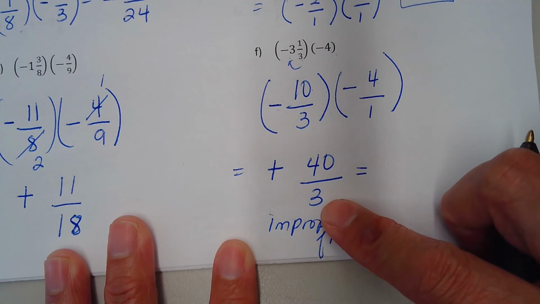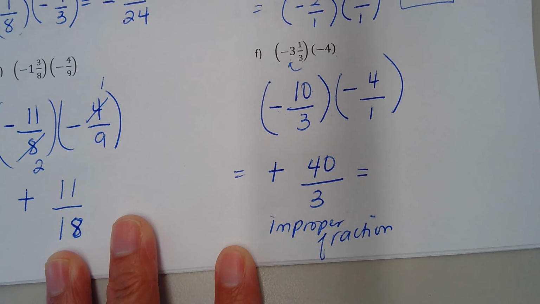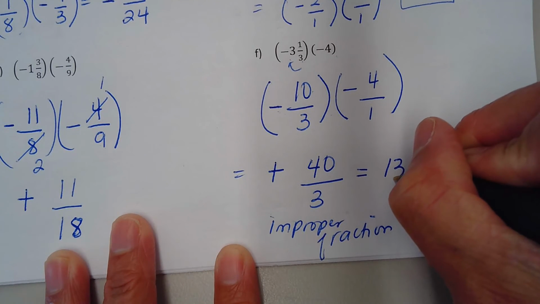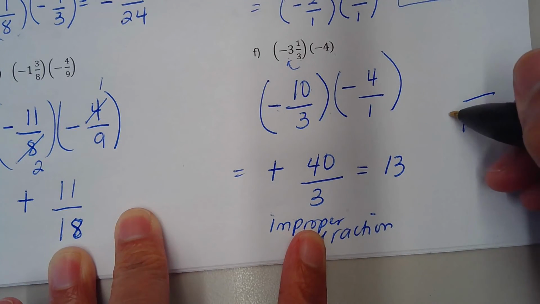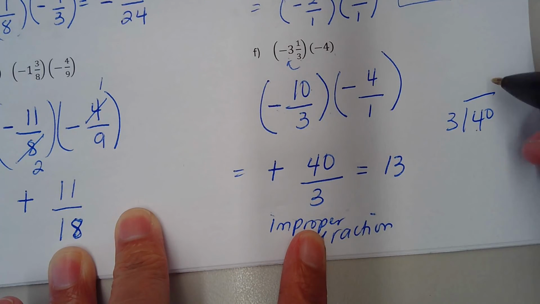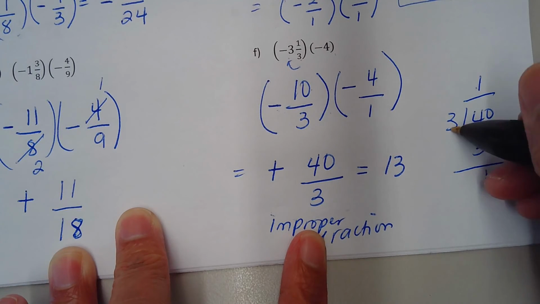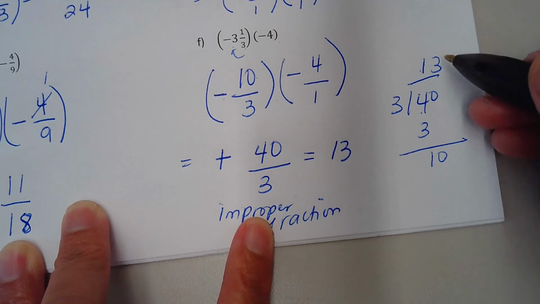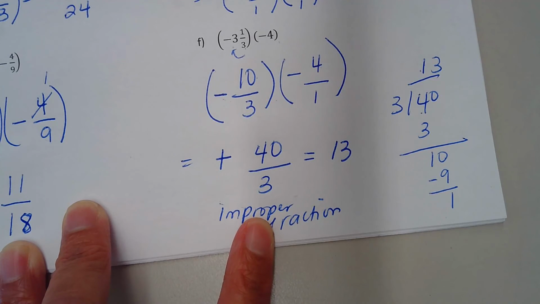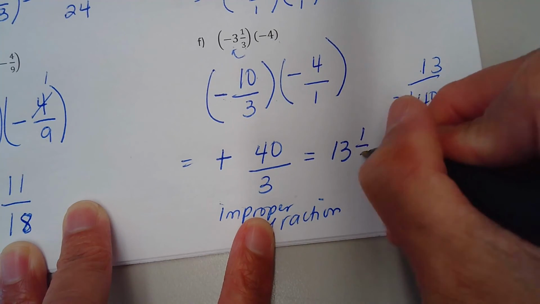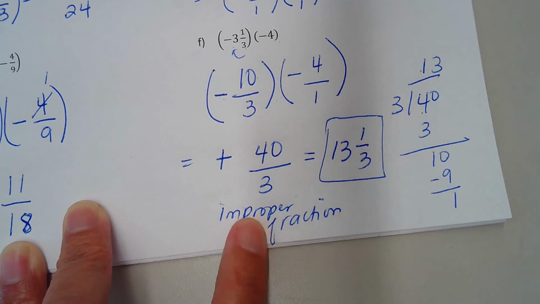So 40 divided by 3: 1 times 3 is 3, 10 minus 3 is 1. So 13 and 1/3. 13 and 1/3 is our answer.